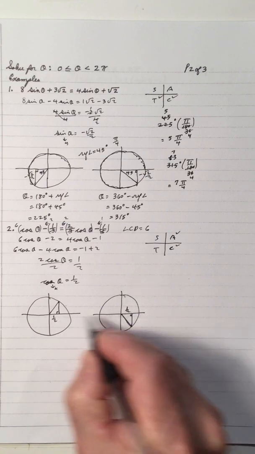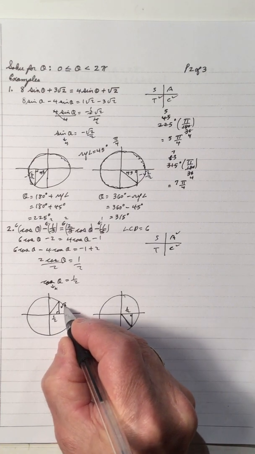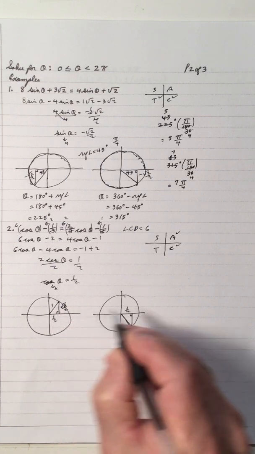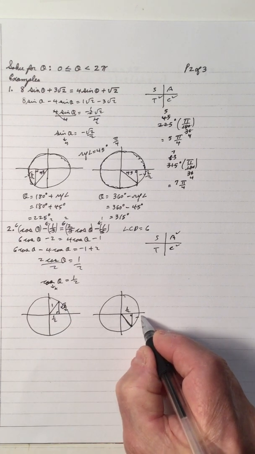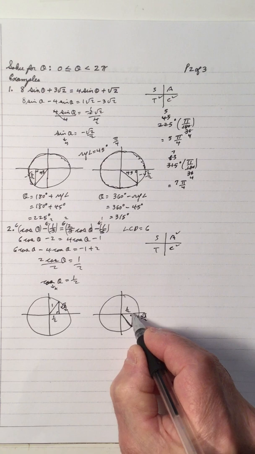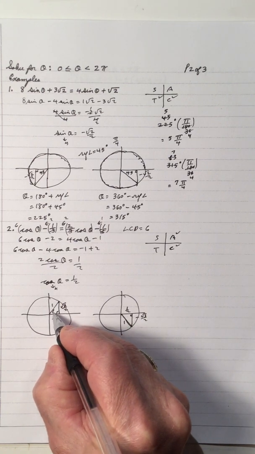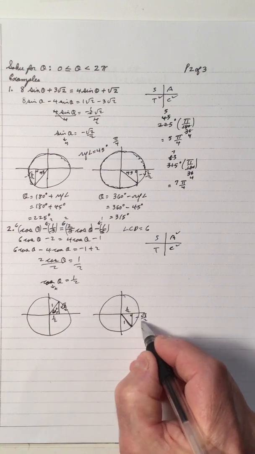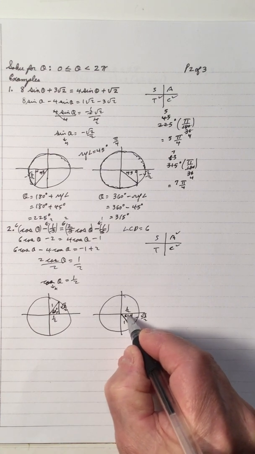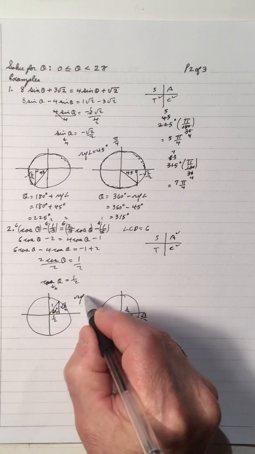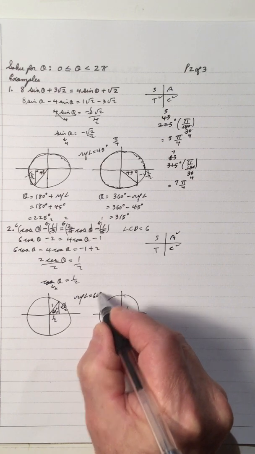That means that this side is root 3 over 2. That's a 1. This side is negative root 3 over 2 because the y is negative going down with a 1. Opposite root 3 over 2 is 60 degrees. So the reference angle is 60 degrees.